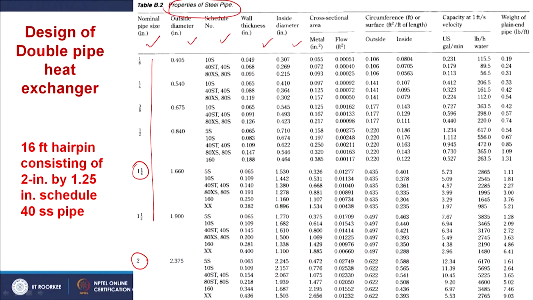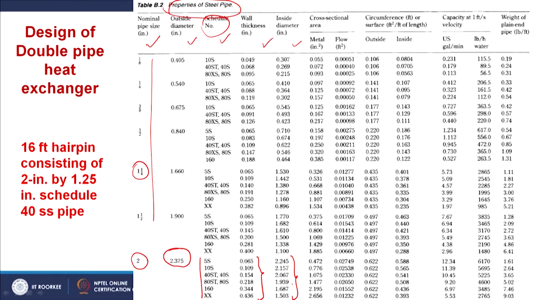If I am considering 2 inches and 40S pipe, this would be the outer diameter of the tube. And for one OD of the tube we have different numbers, and these are basically schedule numbers. According to this schedule number, wall thickness varies and so does the inner dia.